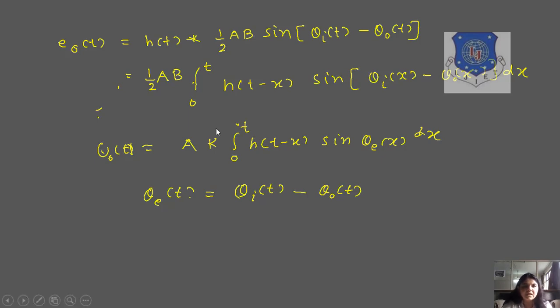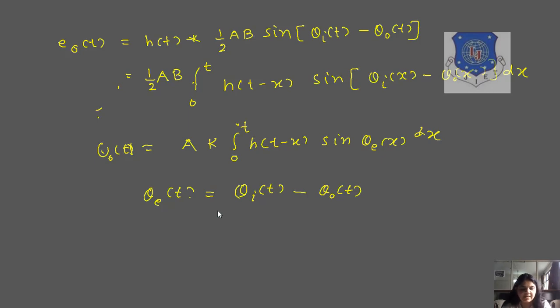Now theta 0'(t) is equal to c E0(t), and we put in the value for K, which is 1/2 cB. By putting that value, theta 0'(t) is equal to AK times the integral from 0 to t of h(t minus x) sin(theta e(x)) dx. Here theta e(t) is the phase error, equal to theta i(t) minus theta 0(t).